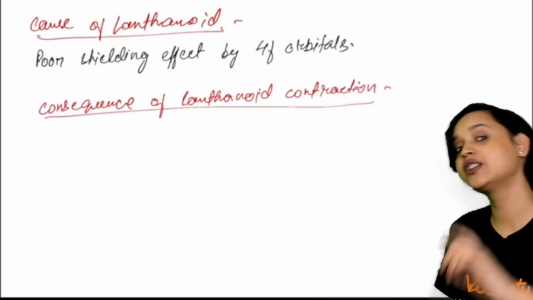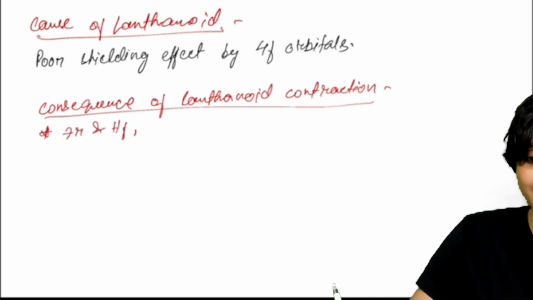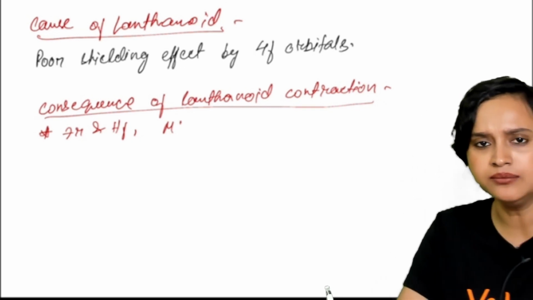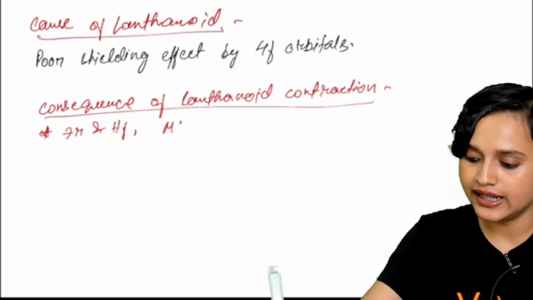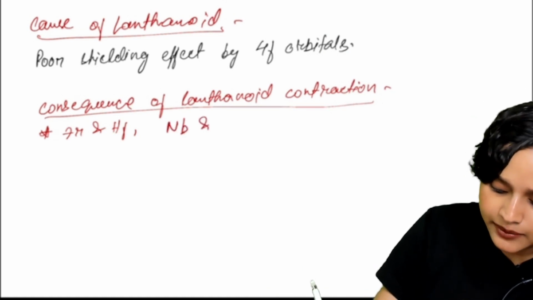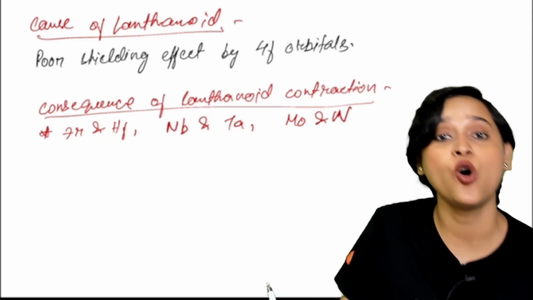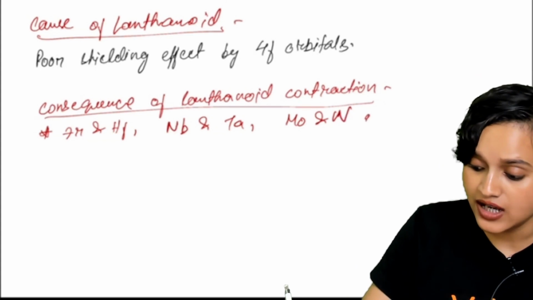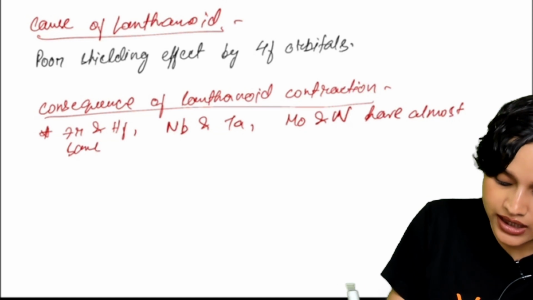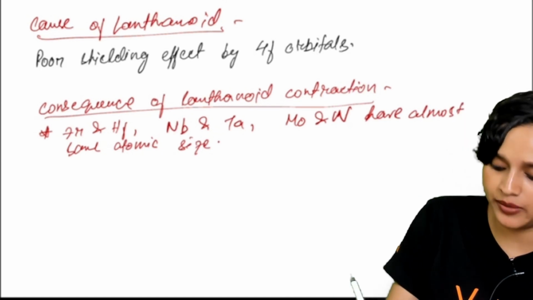The consequence of lanthanoid contraction is, first of all, what you see in the periodic table is that zirconium and hafnium, niobium and tantalum, and molybdenum and tungsten all have almost the same atomic size.